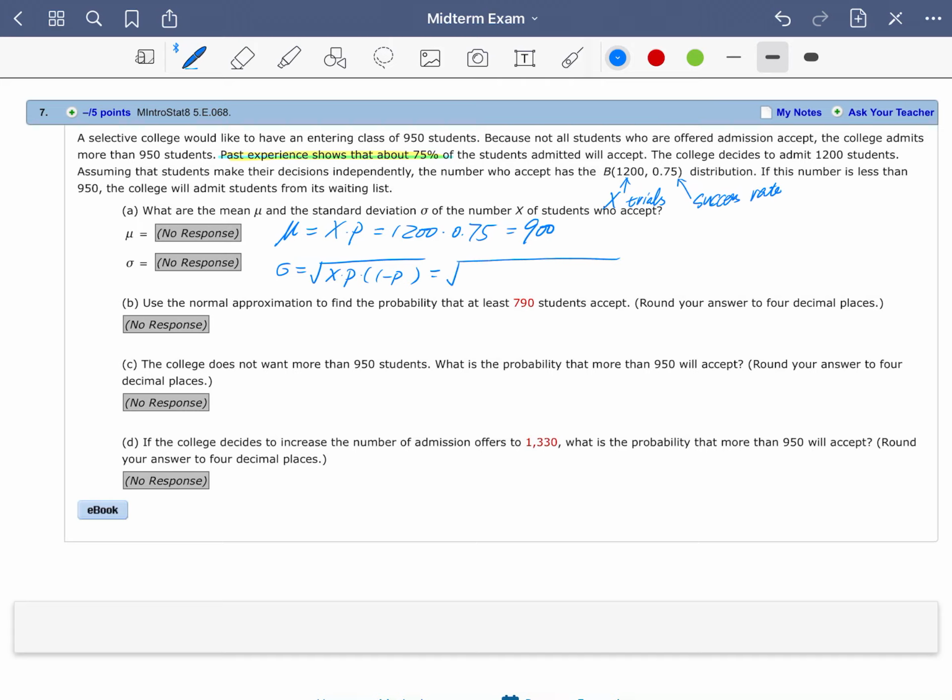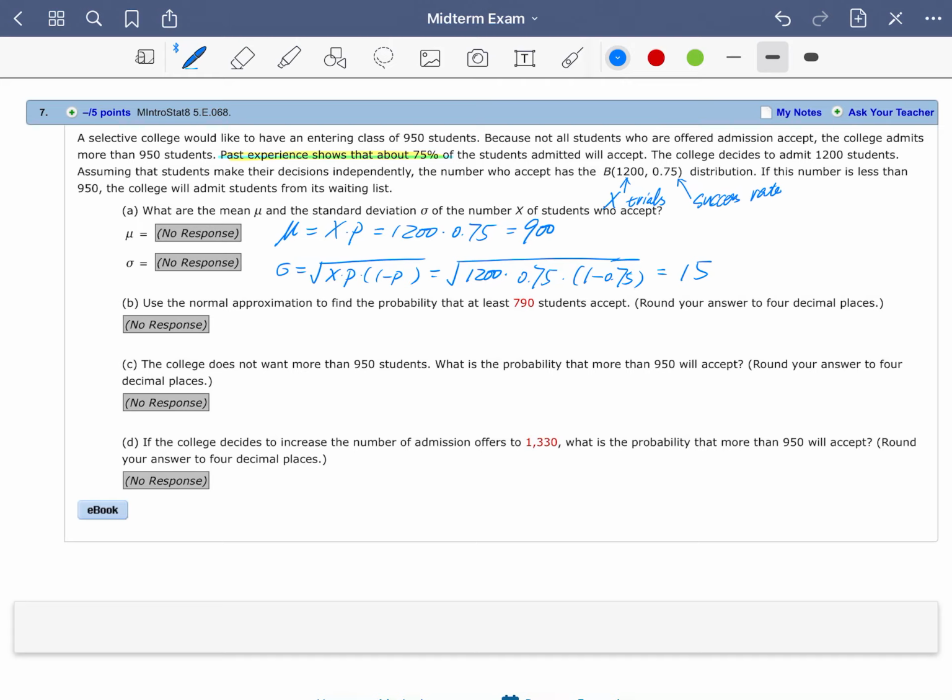So that is 1,200 times 0.75 times 1 minus 0.75, which is the fail rate. Use your calculator. Find the answer is 15. So now we have found the mean and the standard deviation for part A.